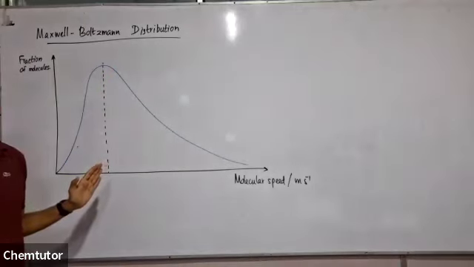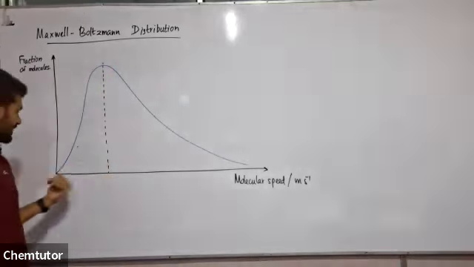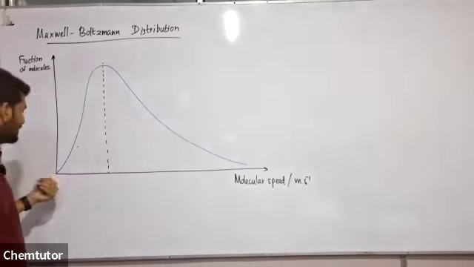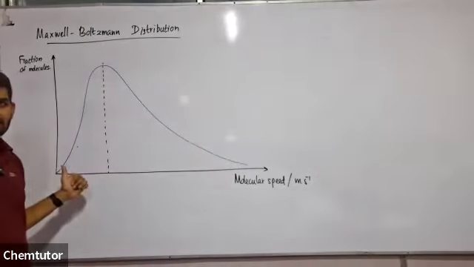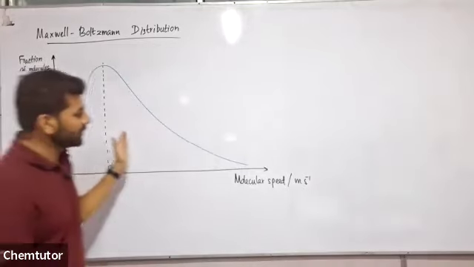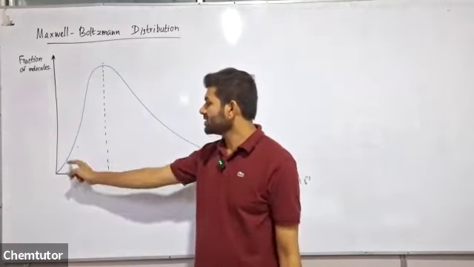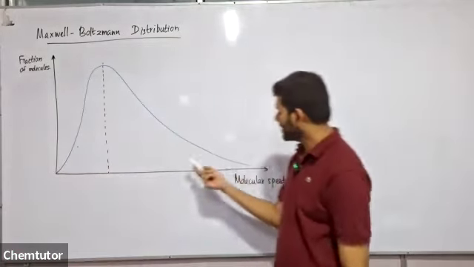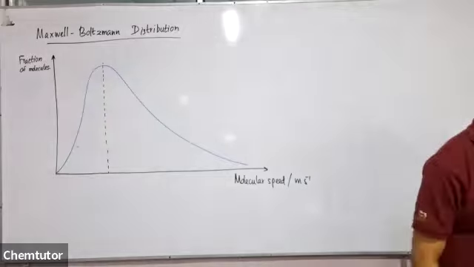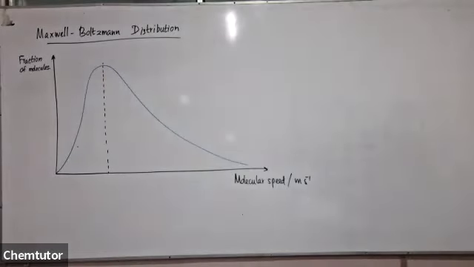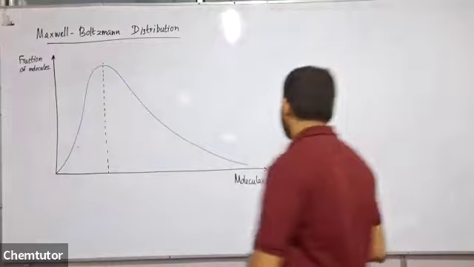And a very trace amount at the extremes. So the molecules with the lowest energy as well as the highest energy are minimal. The majority of the molecules have the average speed. So usually the shape will be like this. Now let's say this is at 300 Kelvin.